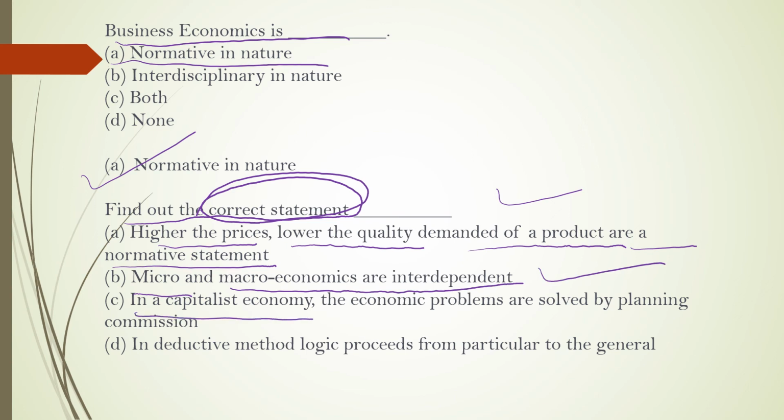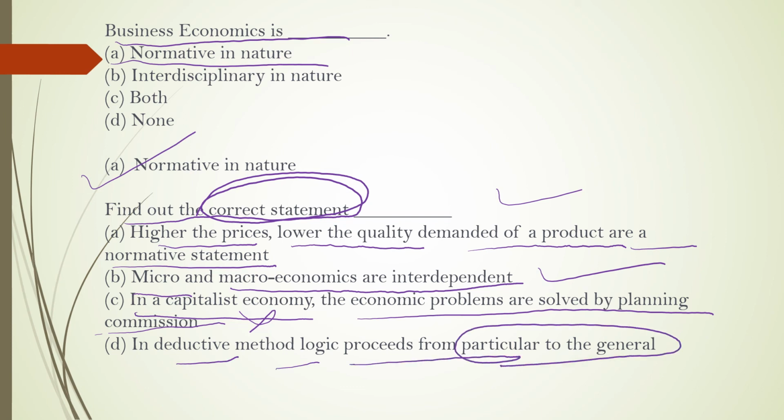In a capitalistic economy, economic problems are solved by the planning commission? No. In the deductive method, logic proceeds from particular to general? No. In the inductive method, logic proceeds from particular to general? No, that is also not right. So which is the correct statement? Micro and macroeconomics are interdependent.